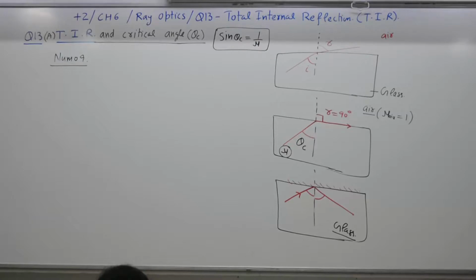Numerical number 9 statement is: calculate speed of light in a medium whose critical angle is 45 degree.